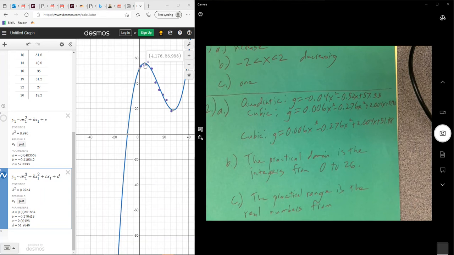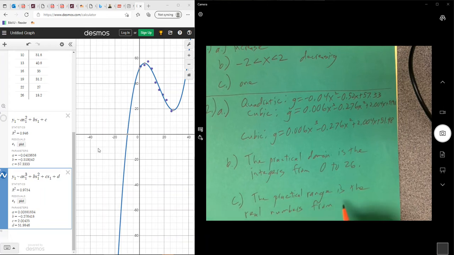basically 60. Yeah, the highest point, which would be basically 60. And then the lowest point, which would be 15. If we look right here on the graph, the lowest point would be 15.